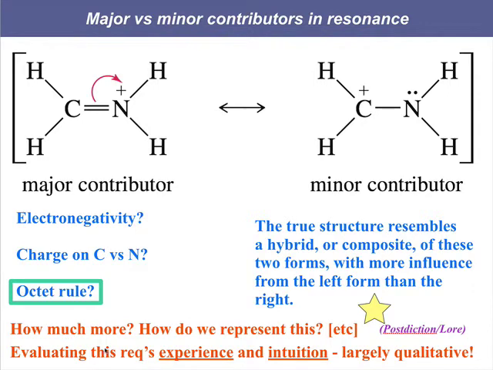Evaluating this requires a lot of experience, meaning having seen lots of examples, and a little bit of intuition. Okay. There's a lot of qualitative, kind of hand wavy conclusions that we have to make here. So don't worry about that too much. Don't get too stressed out about that. But just do remember that the octet rule is usually more important than a misplaced charge.